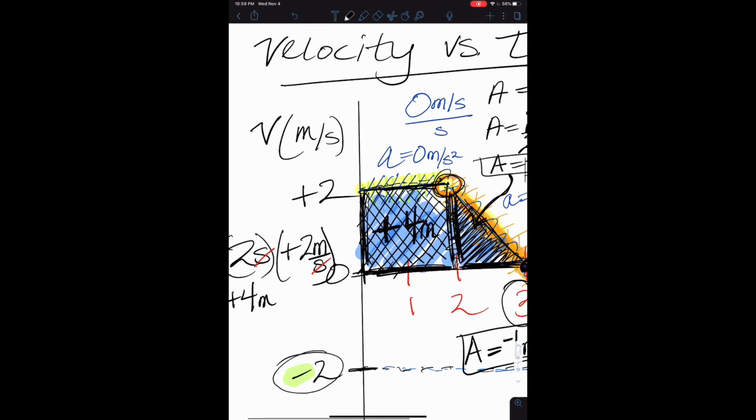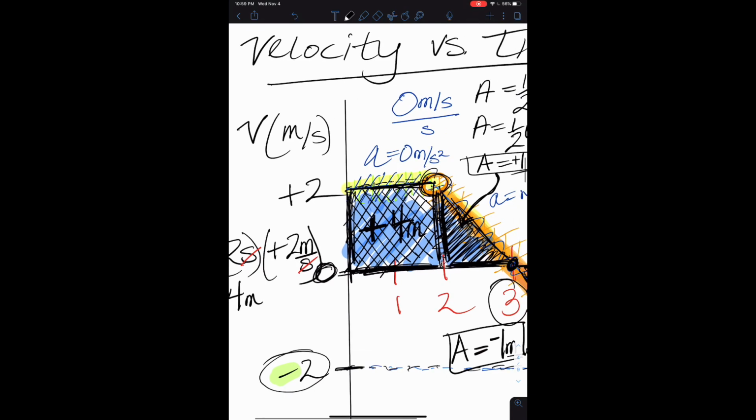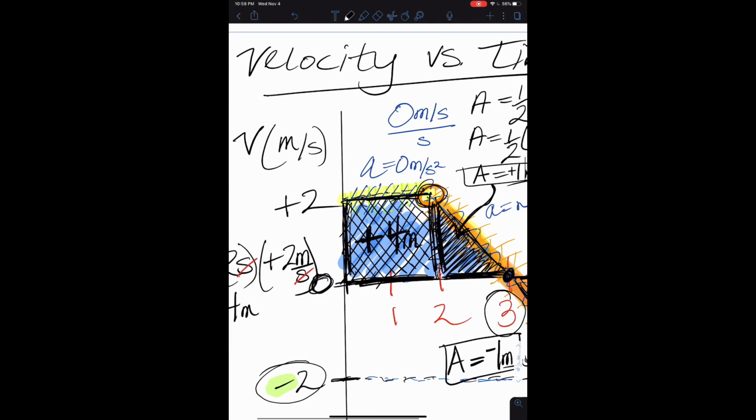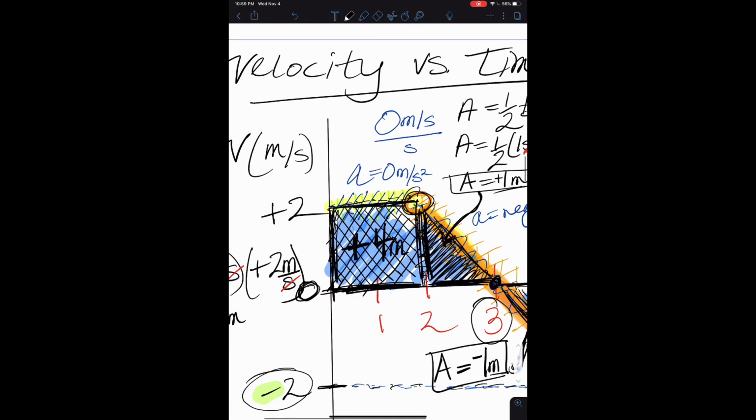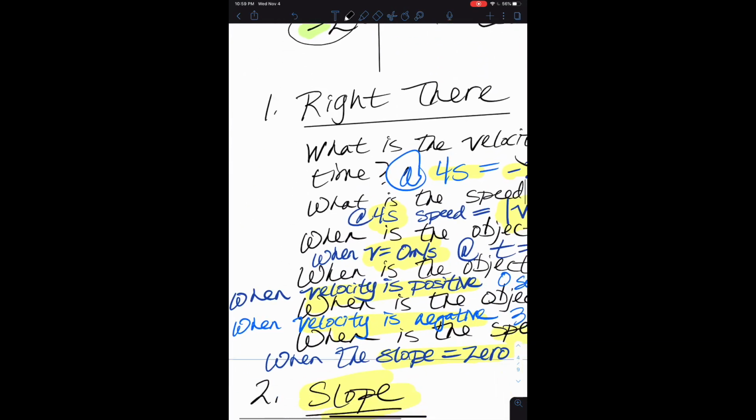We don't worry about anything after it. Here's 0 right here. Here's 3 over here. What's the area from 0 to 3 seconds? Well, this is fairly simple. Positive 4 meters for the square, and positive 1 meter for the triangle. And that's it. So we just add that up. What's 4 plus 1? 5.